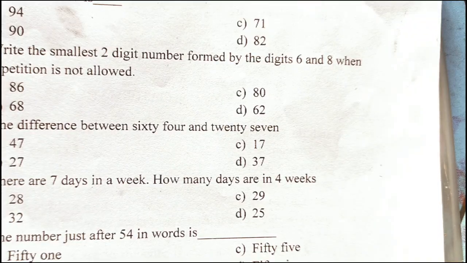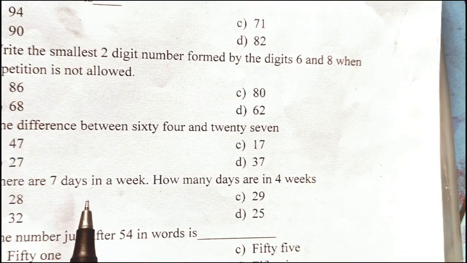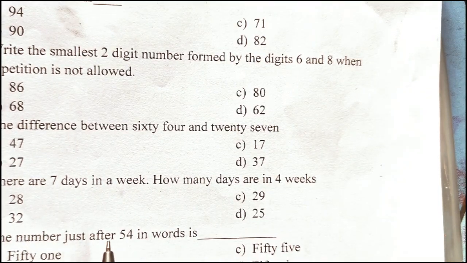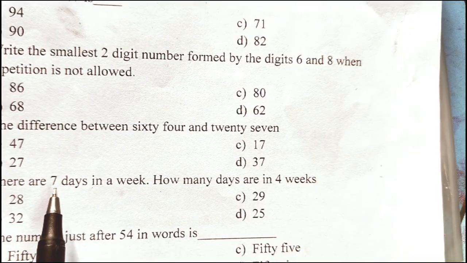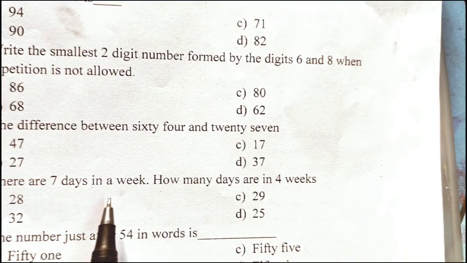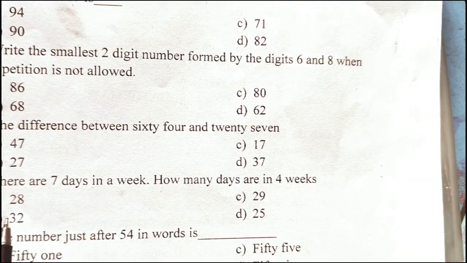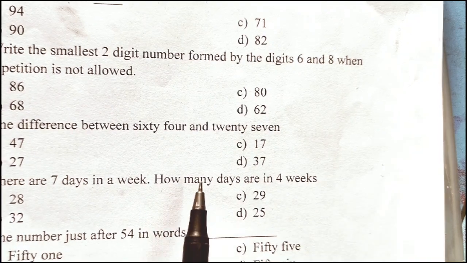Okay, as for 4 weeks, you have to multiply 7 and 4. There are 7 days in a week and 4 weeks will be 4 sevens, that is 28 days. So the option A is the correct answer.